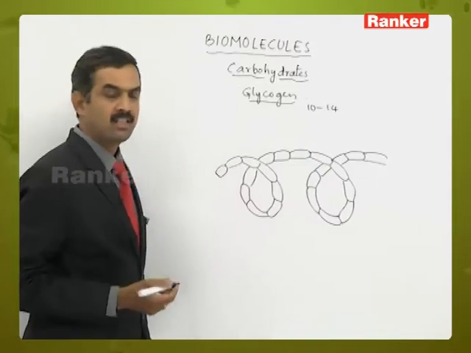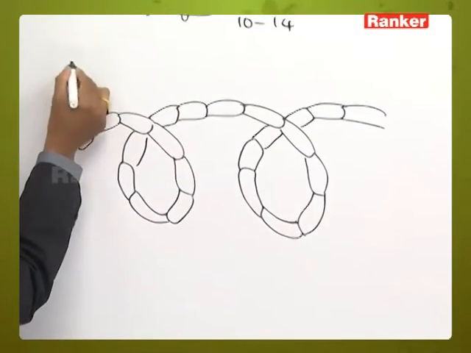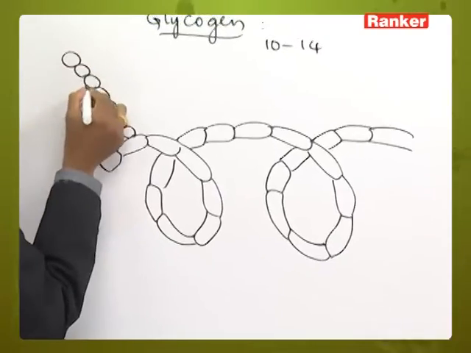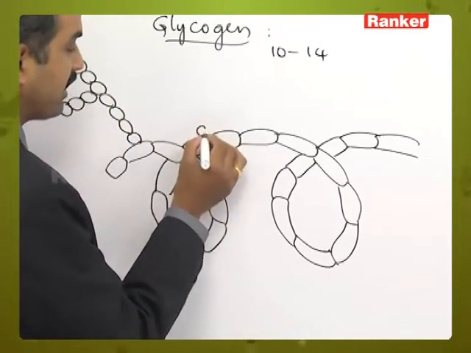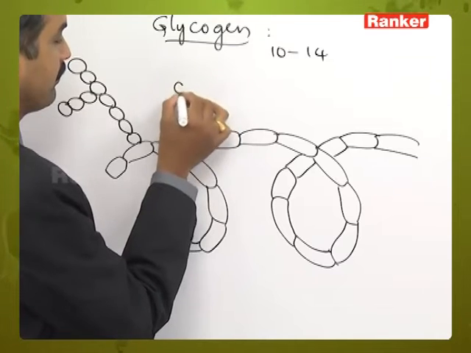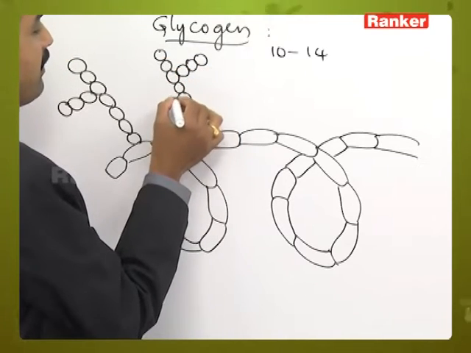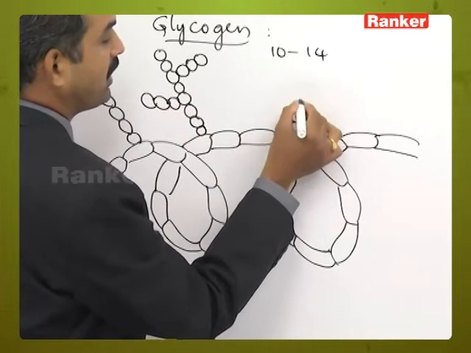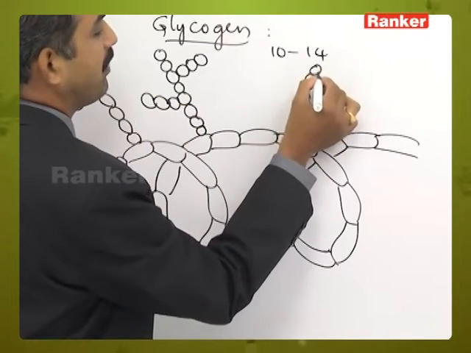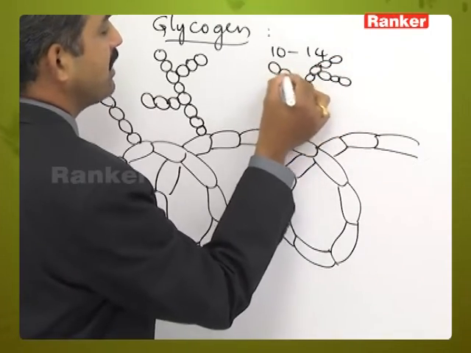Apart from this, it also has the side chains like this. The branching is also being seen. These side chains or branching like structures are formed at a distance of every 10 to 14 glucose molecules. This type of complex organization can be seen in the glycogen molecule.